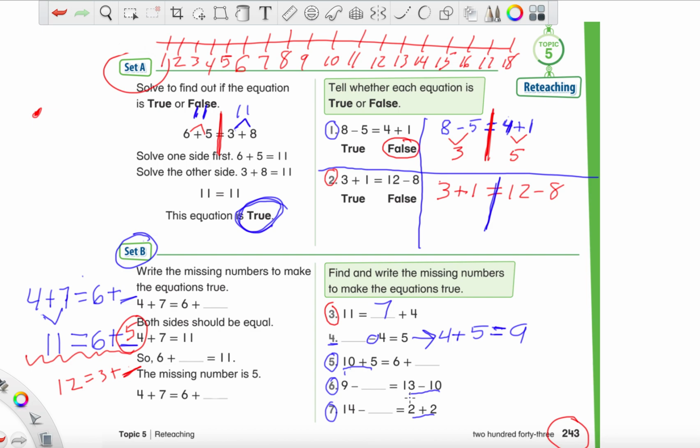All right, so I'm sure that a lot of people are still working on these. I'm going to ask you to pause the video here because it will take you some time. So take your time with 5, 6, and 7. And then when you're all set, hit play, and then we'll continue to set C.